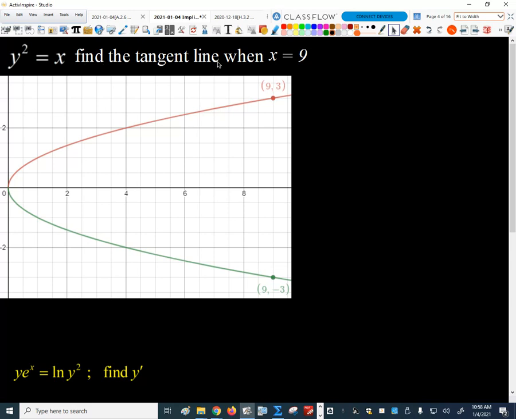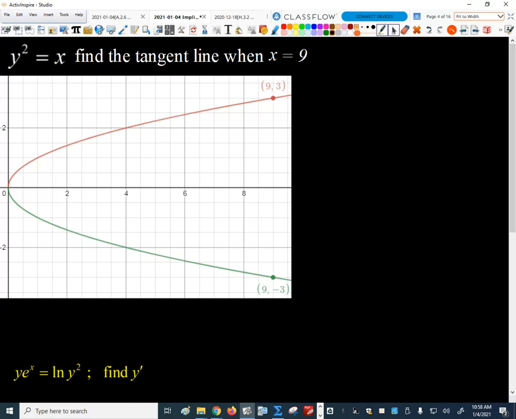And so when it says find the tangent line, that's a little misleading. There actually would be 2 tangent lines, wouldn't there? There'd be a line tangent to the curve at the point (9, 3) and another line tangent to the curve down here at the point (9, -3), right? So that increases the complexity. And you might be thinking, and you'd be correct in this case, we could do it this way.